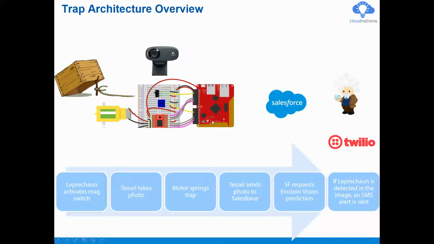The Tessel computer board is going to then send that photo to Salesforce, write it into the record. Salesforce is going to use Einstein Vision prediction to determine the probability that what we just took a photo of is in fact the leprechaun. If we pass a certain threshold and the leprechaun is detected in the image, we're then going to send an SMS text message alert.